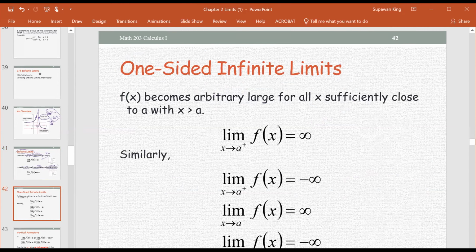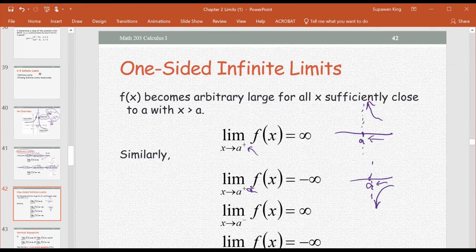Now, if you break it up into one-sided limits, it could be like 4 different cases. For the first case, x approaches a from the right side, because the superscript plus on a means coming toward a from the right side, the function y value approaches infinity, so going up that way. For the second case, x approaches a from the right again, but the y value approaches negative infinity, so the trend of the graph is going all the way down.